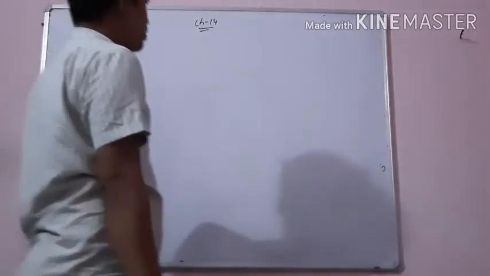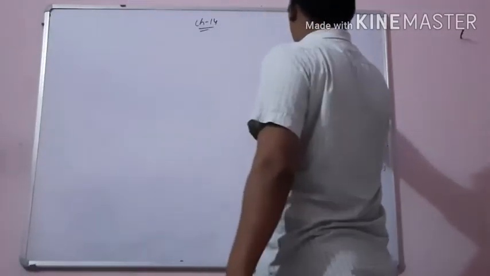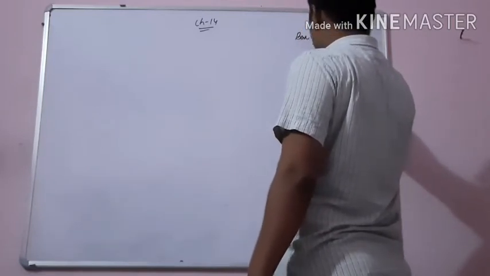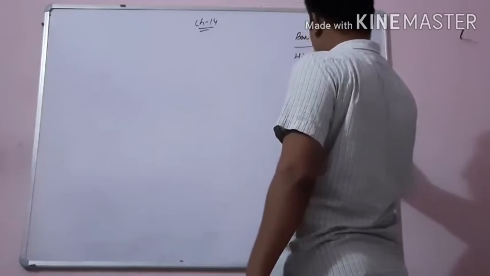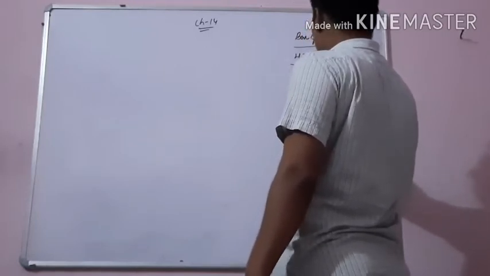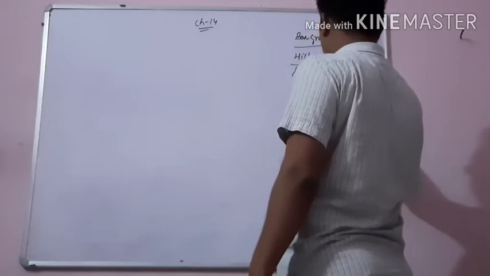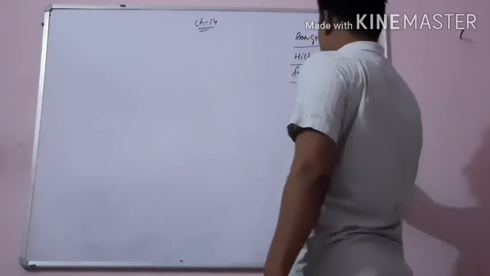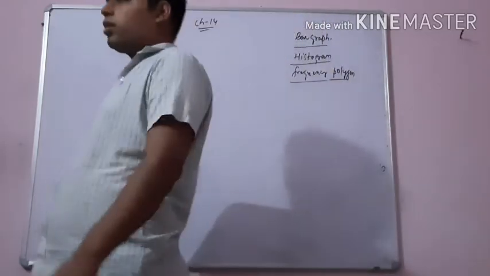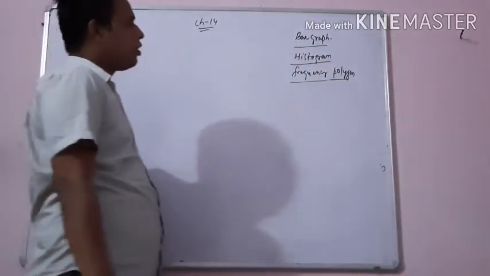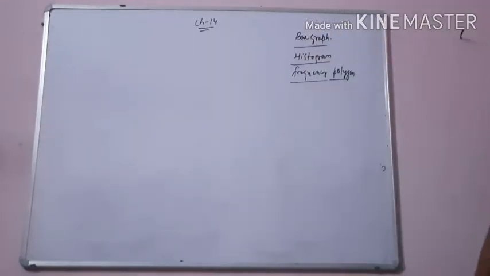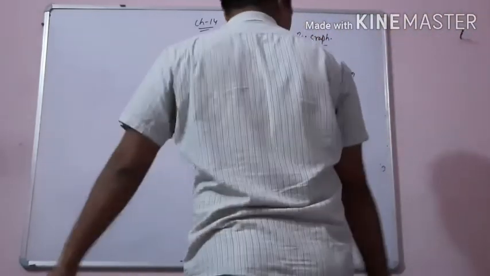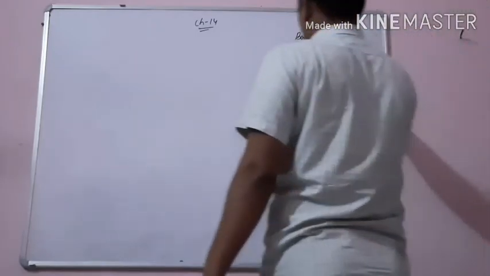In graphical representation, we have seen bar graph, then histogram, and then frequency polygon. We have represented the data by these three modes. Now, our next topic is measure of central tendency.